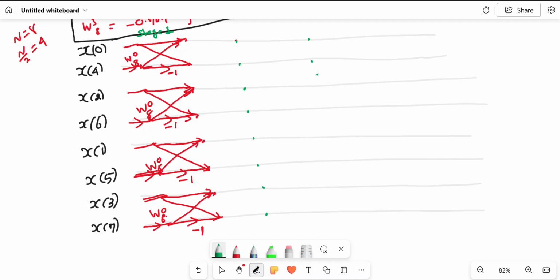In this computation, it is combined into the 4-point sequence.